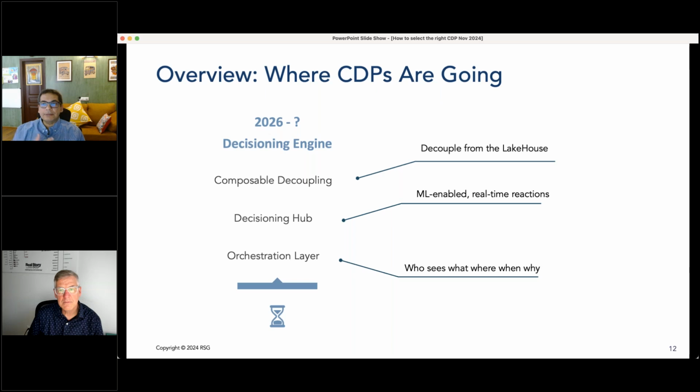In this context, think of CDPs as a conductor of an orchestra. It may not play all the instruments, meaning it may not work as an engagement channel, but it ensures that they work together harmoniously, delivering the right message to the right audience at the right time in the right context, and so on and so forth.